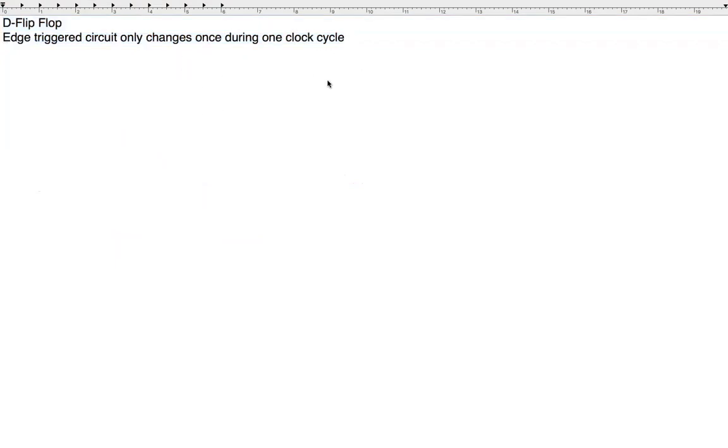I always like seeing the diagram more than the actual code. So here we're going to have an input, which is our D, our clock coming in, and then an output Q and Q naught.